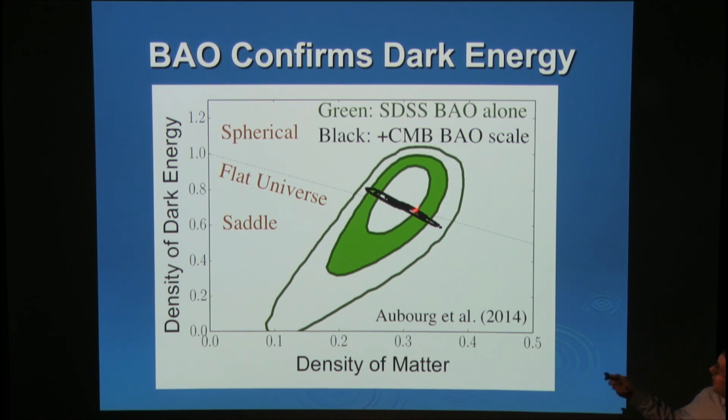Our data from the acoustic oscillations is really strongly driving us back to a flat universe. And when we add in the fact that we see the same fingerprint in the microwave background, you get driven down to this little region here. So the data, just seeing the same acoustic scale at all these different redshifts, allows us to very dramatically see that dark energy is there and that the universe is very close to flat.